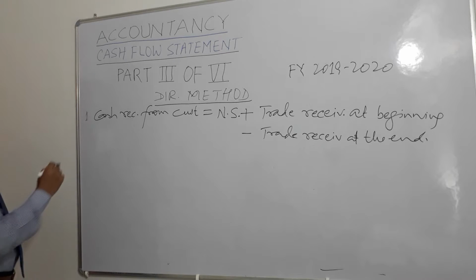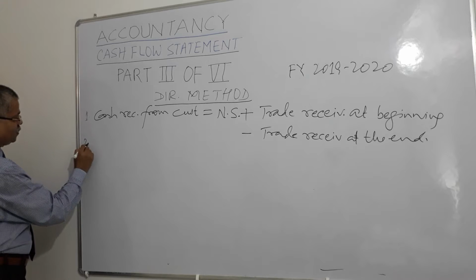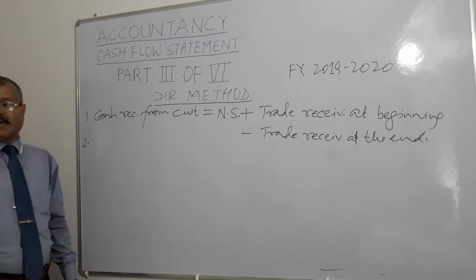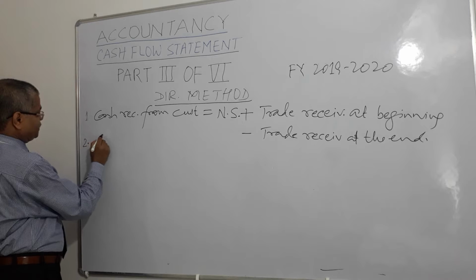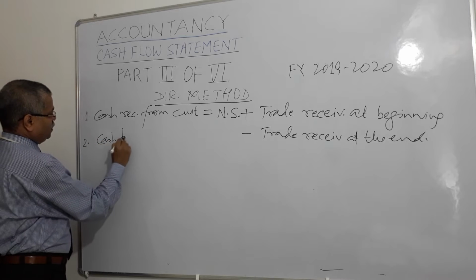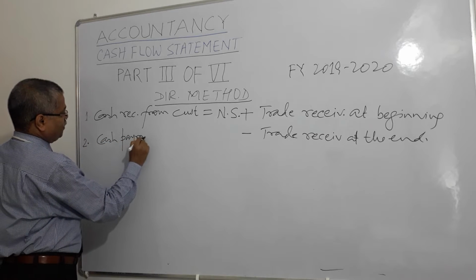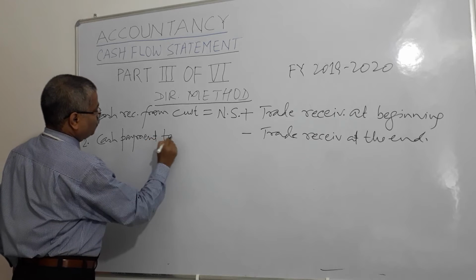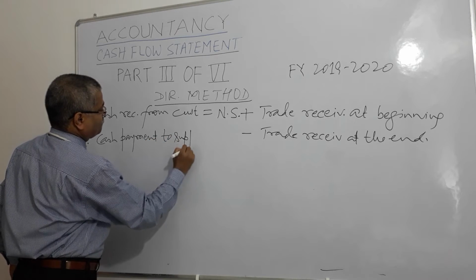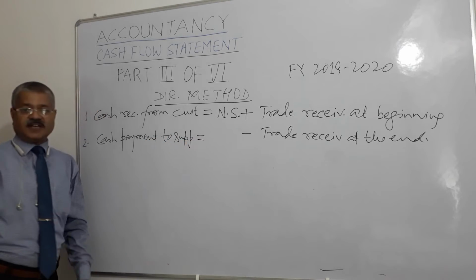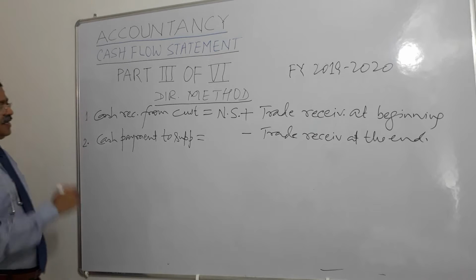Now we go ahead to the second item. What is the second item? Cash payment to suppliers. What is it equal to?